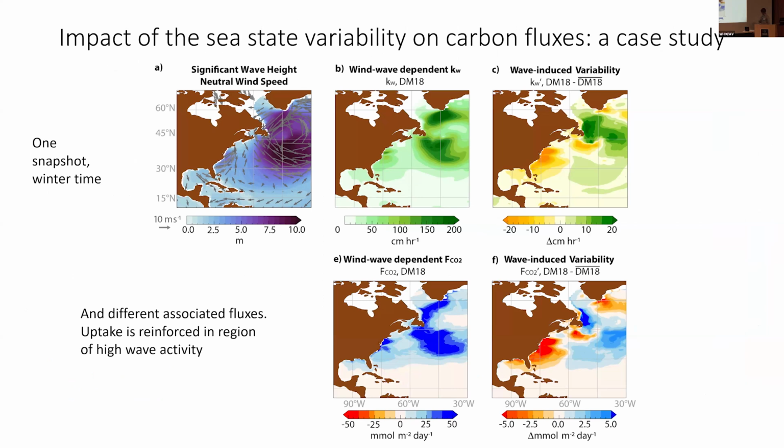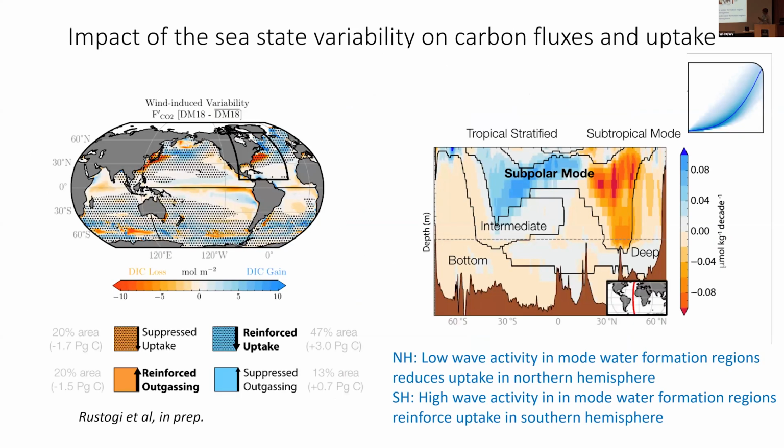That has an impact on the CO2 fluxes, where a certain region of uptake is being reinforced and certain regions of uptake are being suppressed, and the other way around, depending on whether you are sheltered by the coast and whether you have high wave activity at a particular wind speed. They are analyzing the impact of this in terms of storage and in terms of composition of the water mass.